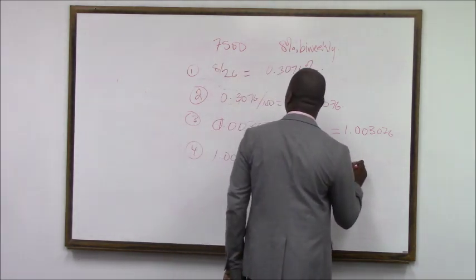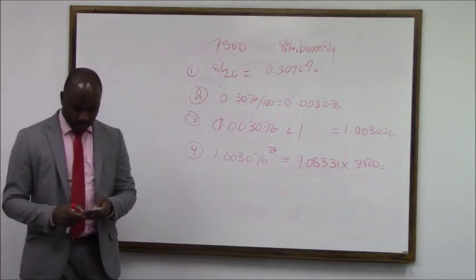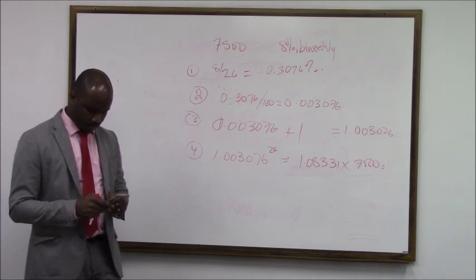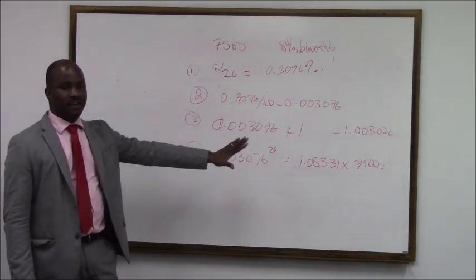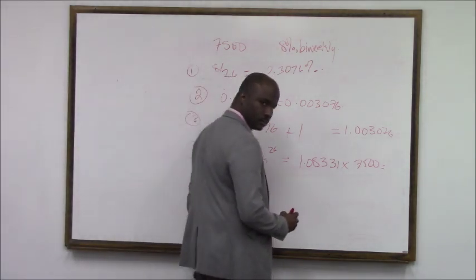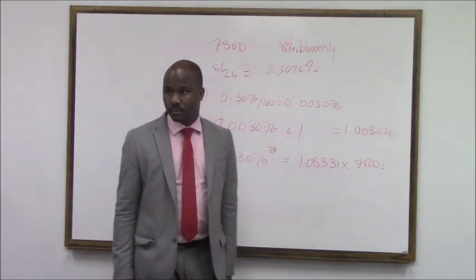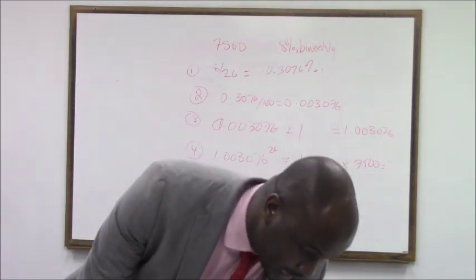You multiply that by your 7,500. And what's your balance at the end of the year? 1.08331 times 7,500 is what? Are you definitely sure?